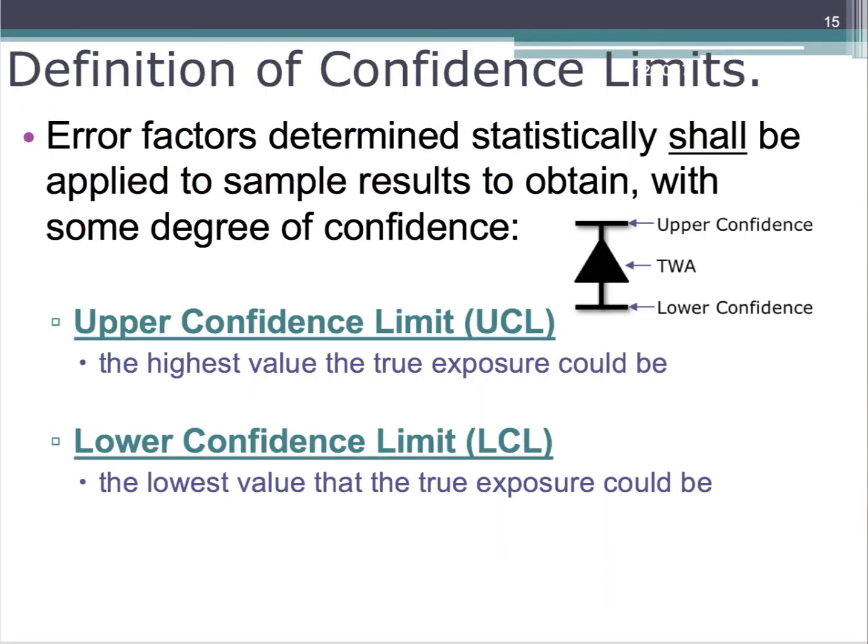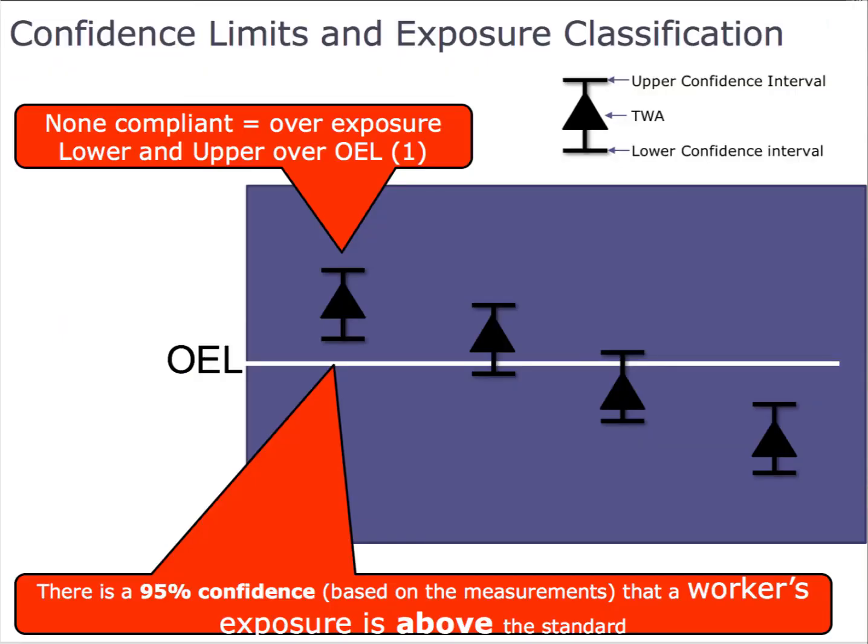So a definition of a confidence limit from the OSHA Technical Manual: error factors determined statistically shall be applied to sample results to obtain, with some degree of confidence, the upper confidence limit, which is the highest value the true exposure could be, or the lower confidence limit, which is the lowest value that the true exposure can be.